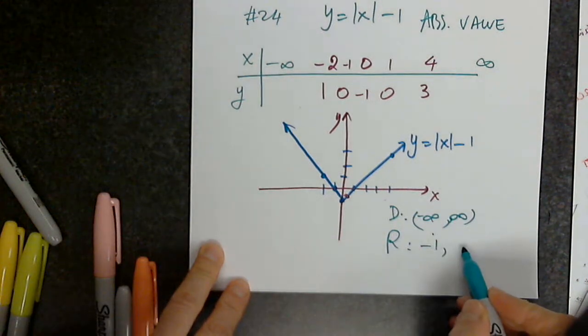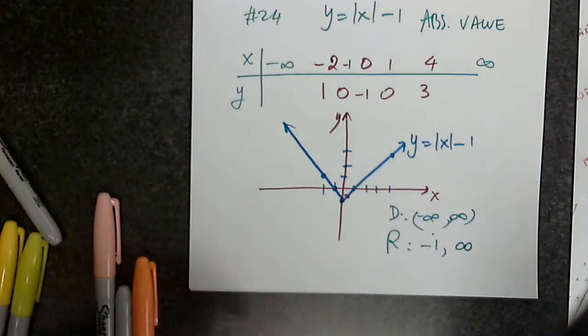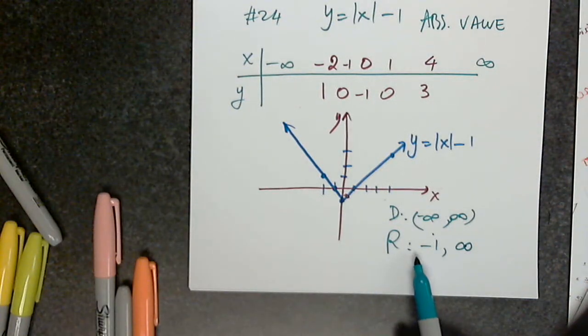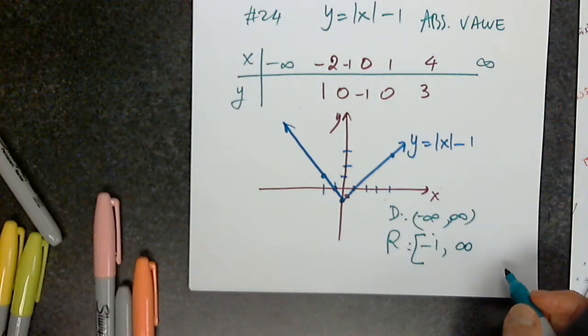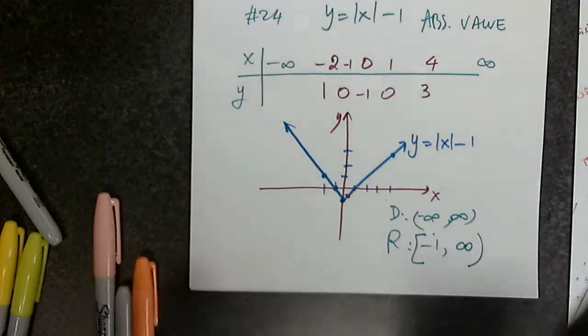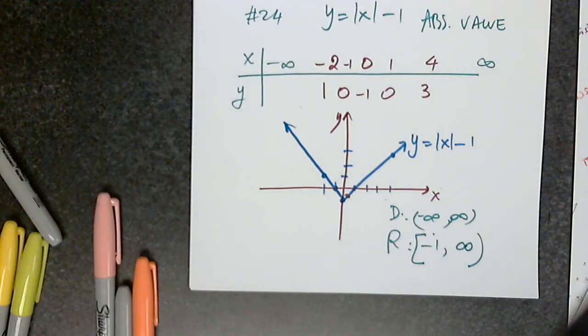Yes, -1, comma. Good. So what symbol do I put at -1? Put a bracket. Indeed. What symbol do I put at infinity? Infinities are always parentheses. Any questions?